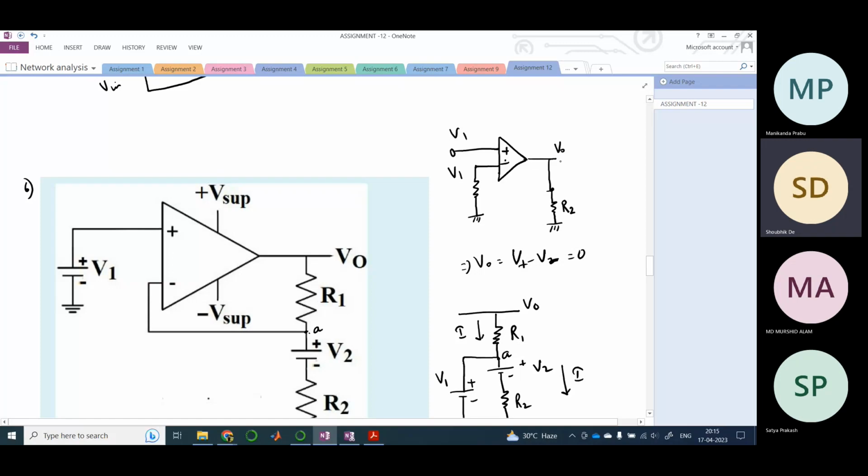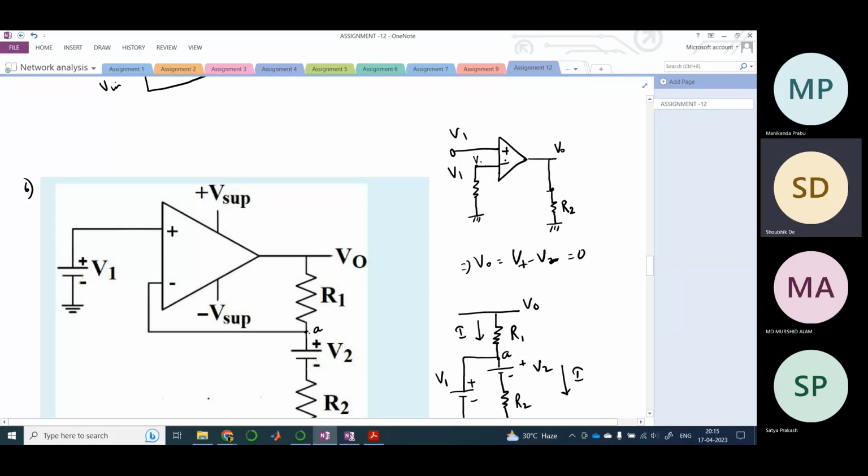It may draw current, but you need to look at V0 from the point of view of these two terminals, right? Since this is grounded, the potential at this point would also be V1, right? Yes, sir.